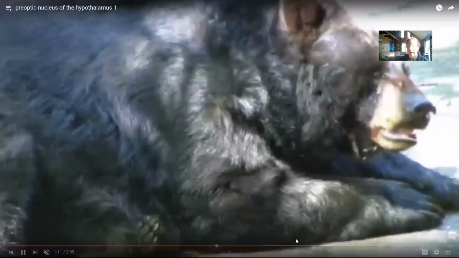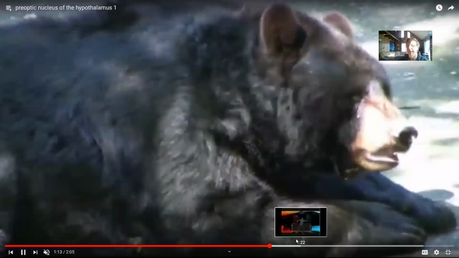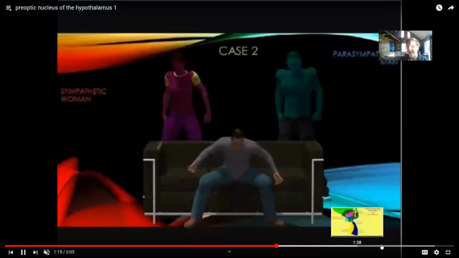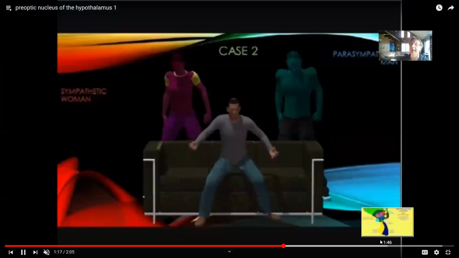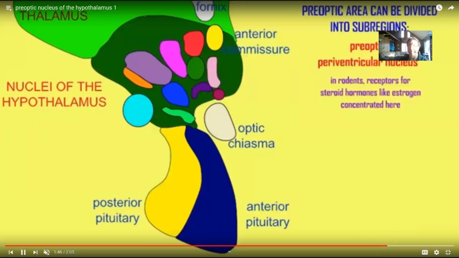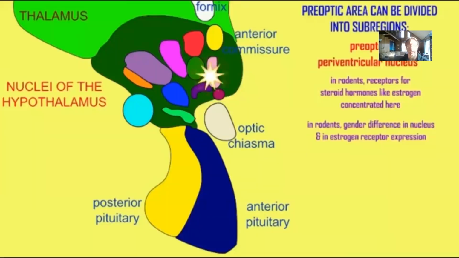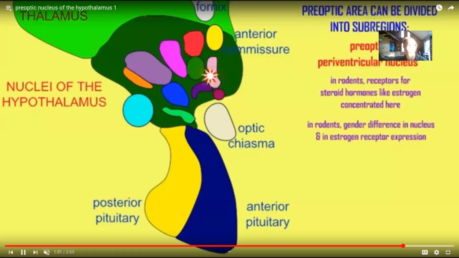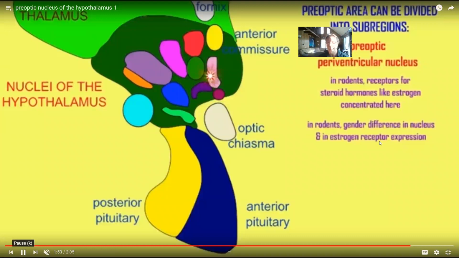So you have parts of your brain which promote being wakeful and alert. You have this region of the pre-optic nucleus telling you to be sleepy, and then together they manage the sleep-awake cycle.